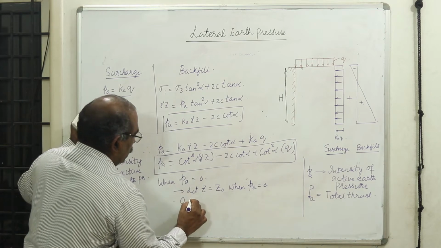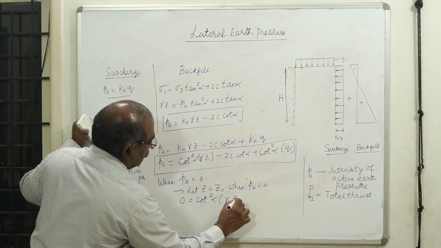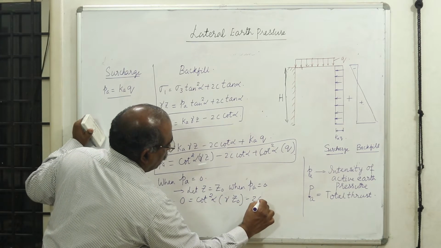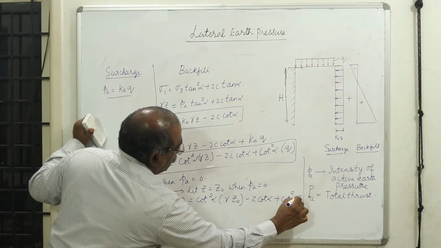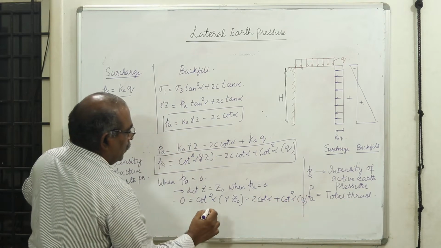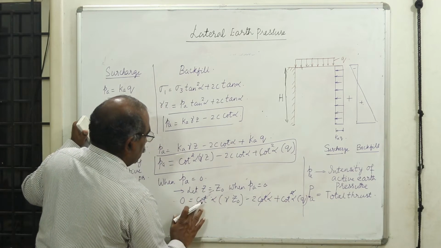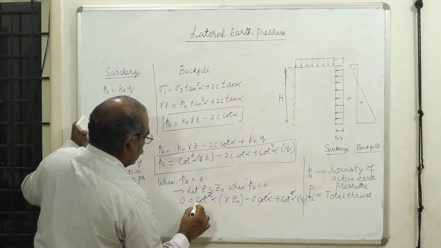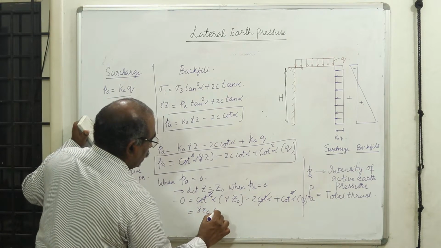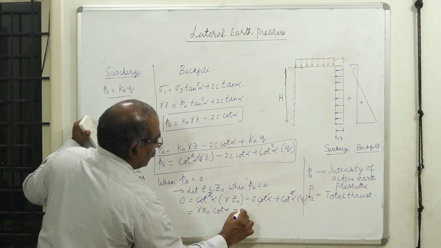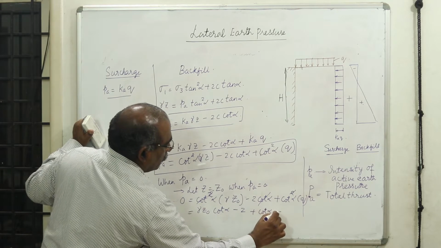This becomes 0: cot square alpha into gamma into Z0 minus 2c cot alpha plus cot square alpha into Q. Now the square gets cancelled, only 2 gets cancelled. Therefore it is gamma into Z0 into cot alpha minus 2 plus cot alpha into Q.